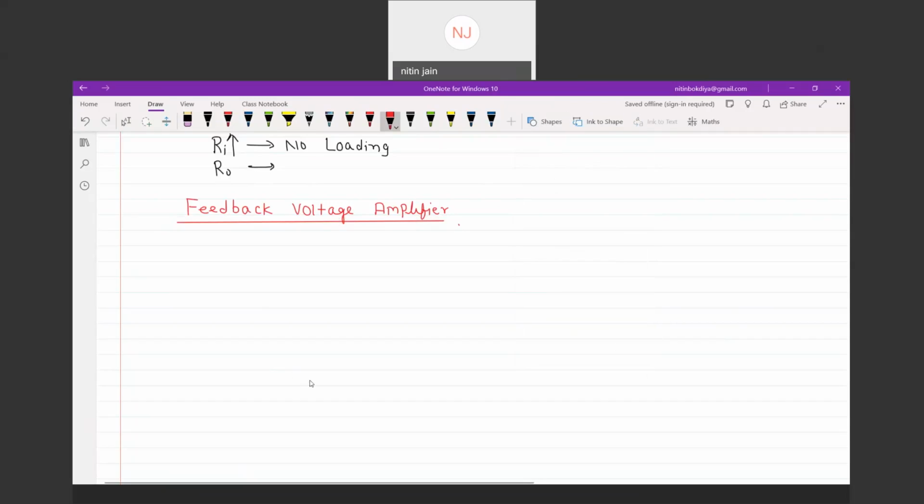Let me take this first. How is feedback helping? We are trying to identify how feedback is helping us to attain this condition: high input resistance and low output resistance.